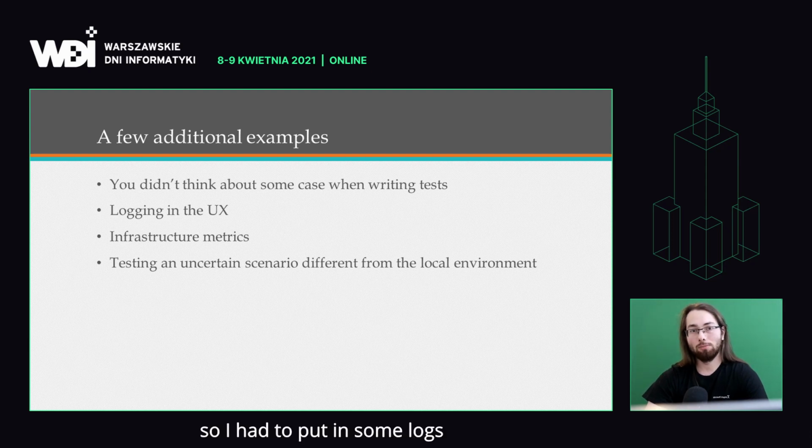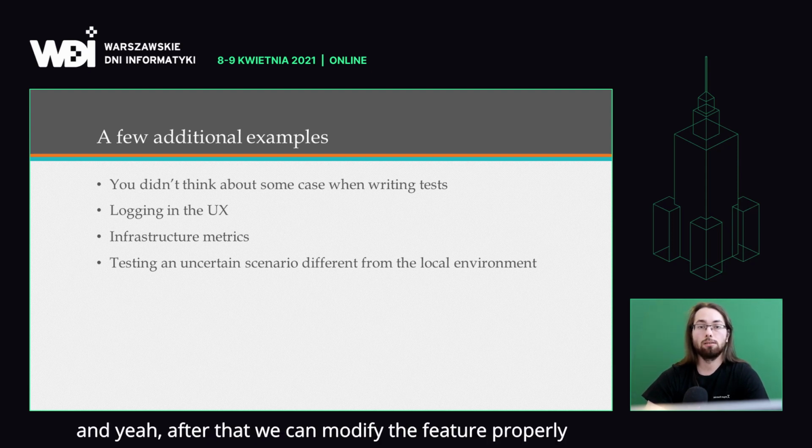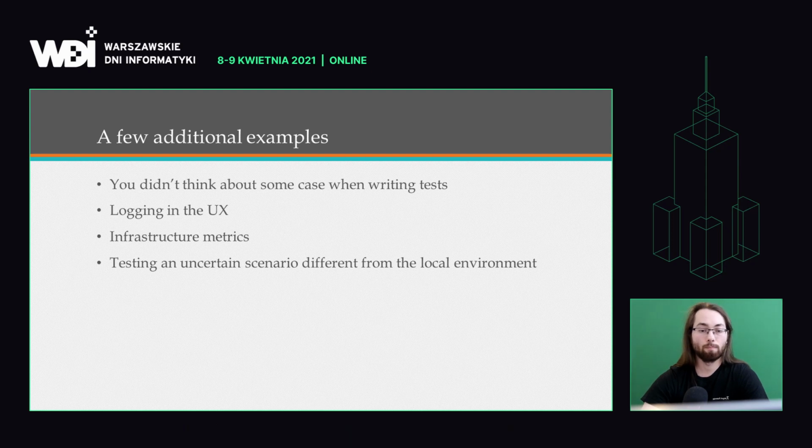So I had to put in some logs to see, okay, what is it returning? Like, what can we see there? I added some gates that said, okay, well, let's for now not do anything, just see what's happening from the API. And yeah, after that, we can modify the feature properly to correspond to what is in the production, you know?